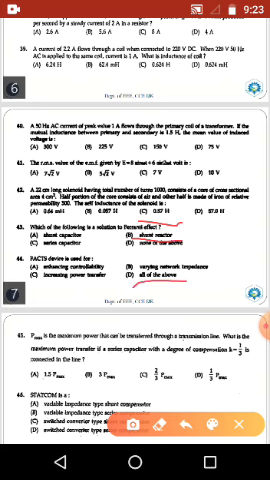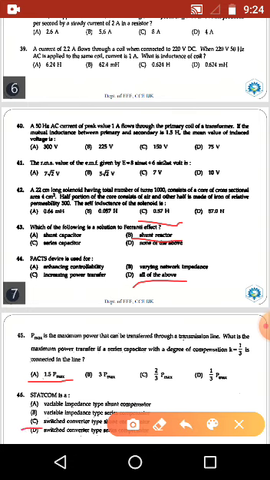45th question, Pmax is the maximum power that can be transferred through a transmission line. What is the maximum power if a series capacitor with a degree of compensation equal to 1 by 3 is connected to the line? So, the answer is 1.5 power maximum. Moving to question number 46, STATCOM is a switched converter type shunt compensator.